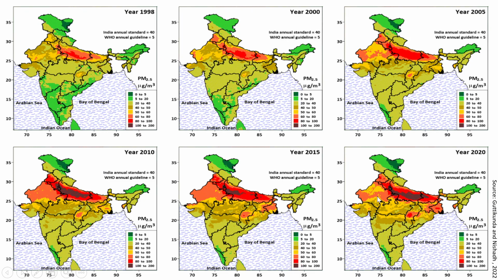You can see this in 4 to 5 states. But as per the Indian annual standard, it should be 40, and the WHO annual guideline is 5 micrograms per cubic meter. You can assess the amount of particulate matter 2.5 concentrated over these states, and I'll discuss its health impact.